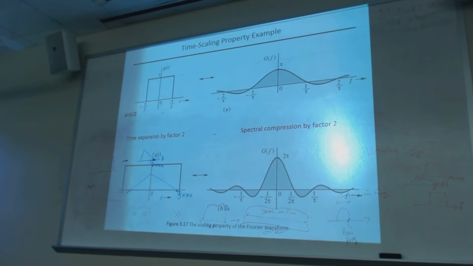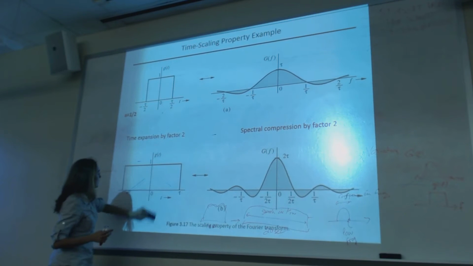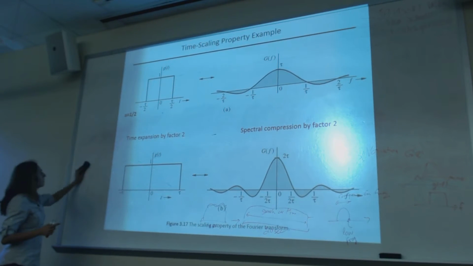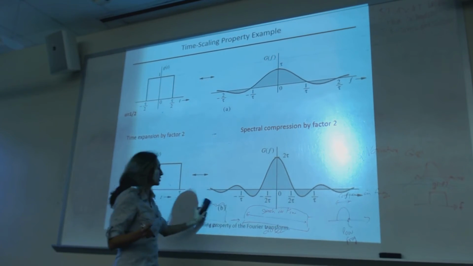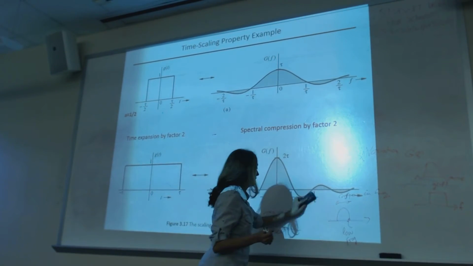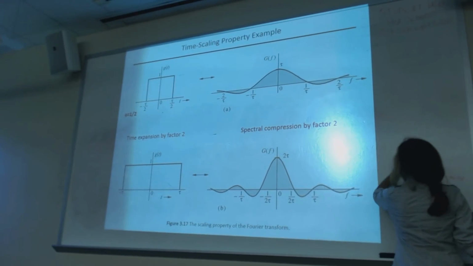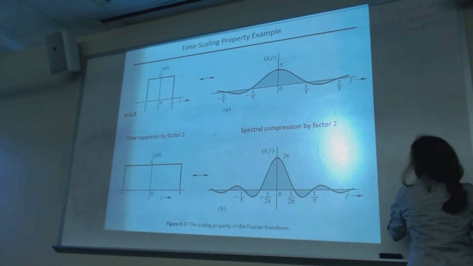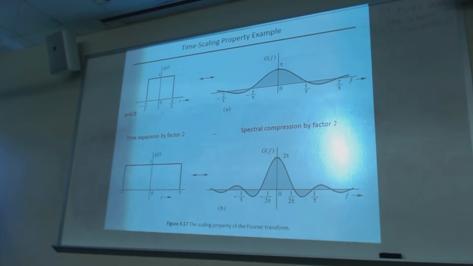Okay, I think this is a nicer picture. Again, back to the sinc and pulse. So from here to here, did I compress it or stretch my time signal? From top figure to bottom figure. Did I expand or stretch?